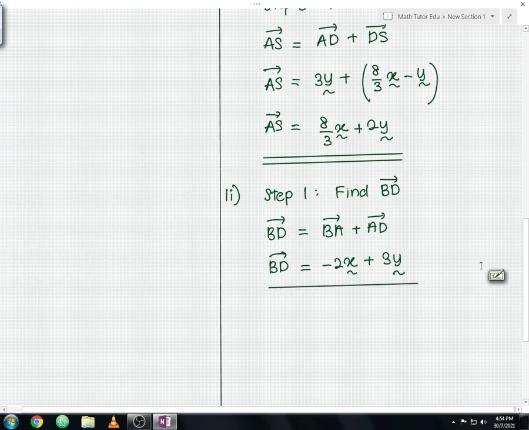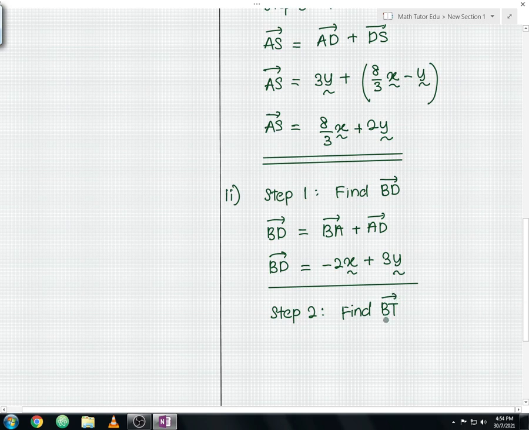Once you find the vector BD, now you can proceed to find the vector BT. Let me write down the working here. So step 2, find vector BT.